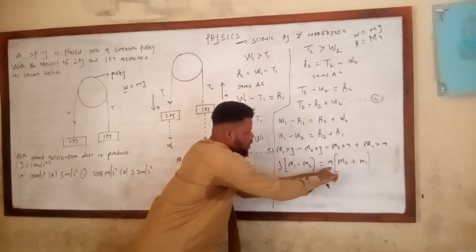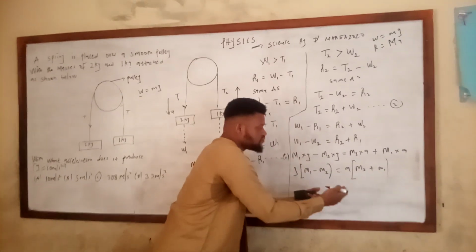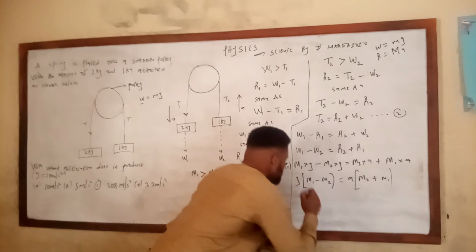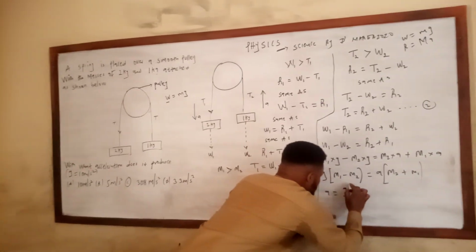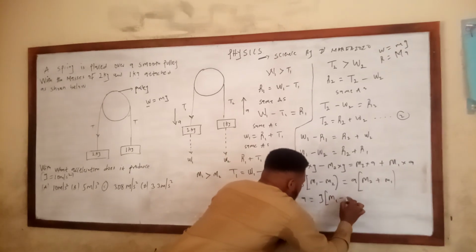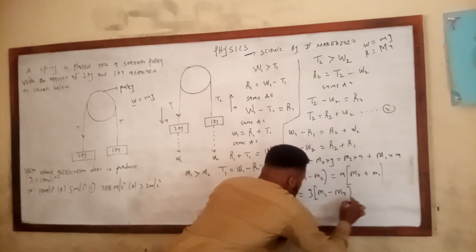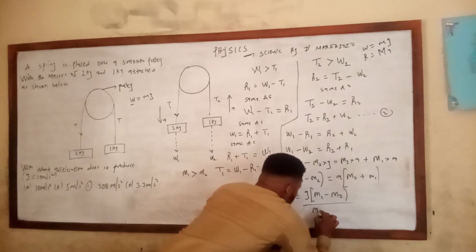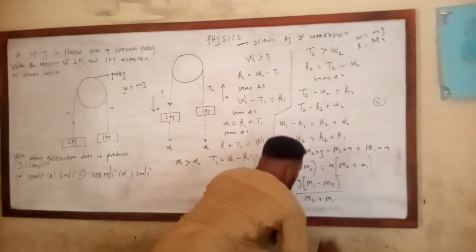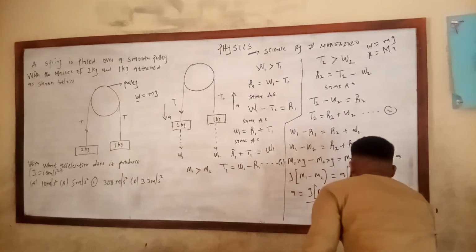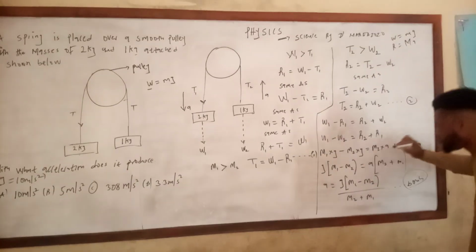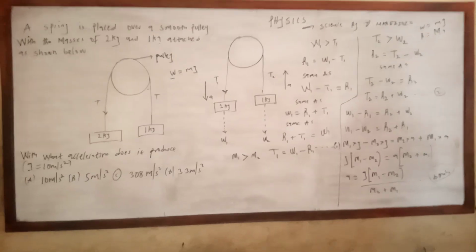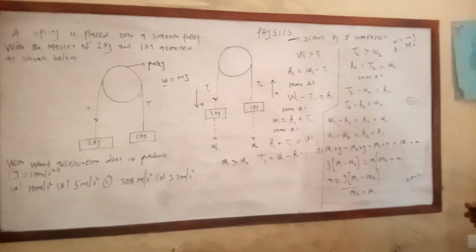To make a the subject of the formula, I divide both sides by its coefficient. So a equals g(M1 minus M2) over (M2 plus M1). With this formula, I can solve for the value of a. Are we getting it now?